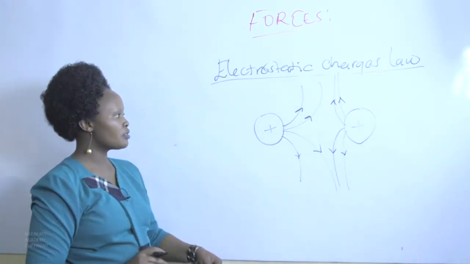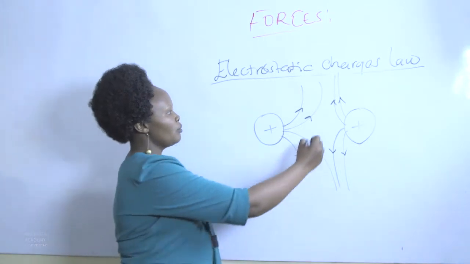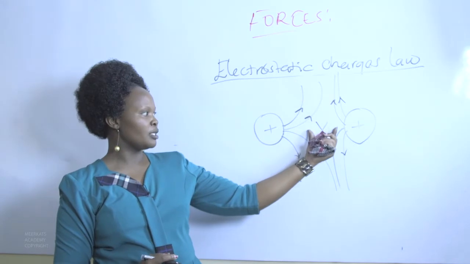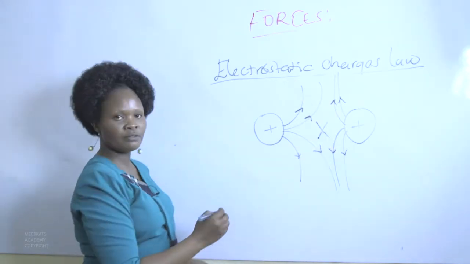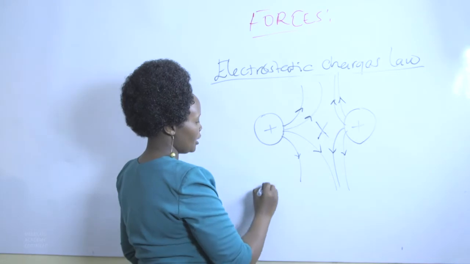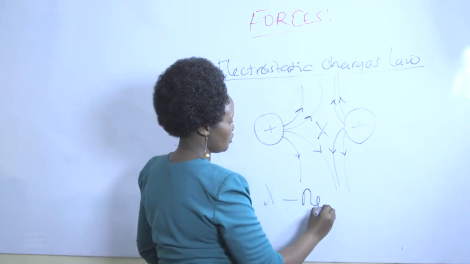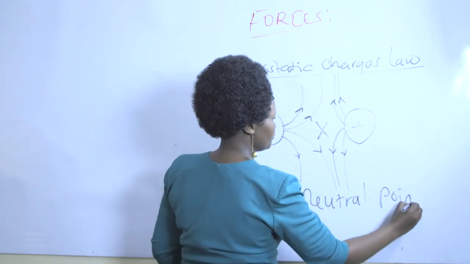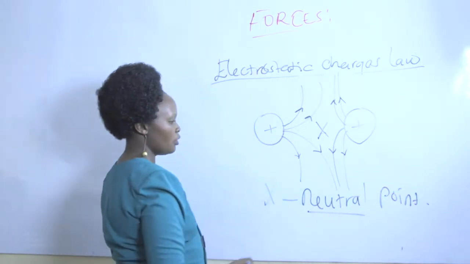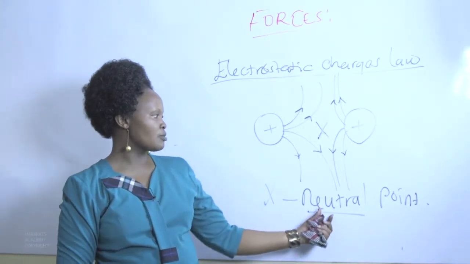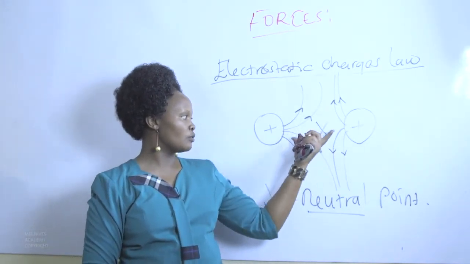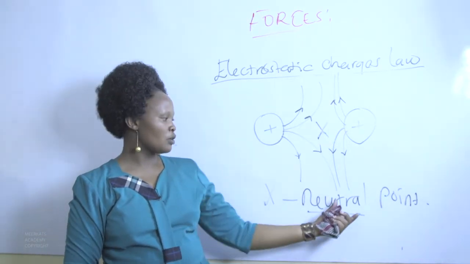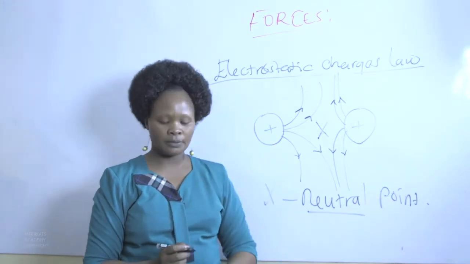And just like the case of magnetic fields, there will be a region X somewhere in the middle that will have zero influence of these charges, and X in our case is what we will call the neutral point. Neutral because there is absolutely no effect of this field that should be felt at region X. That is why we call it a neutral point.